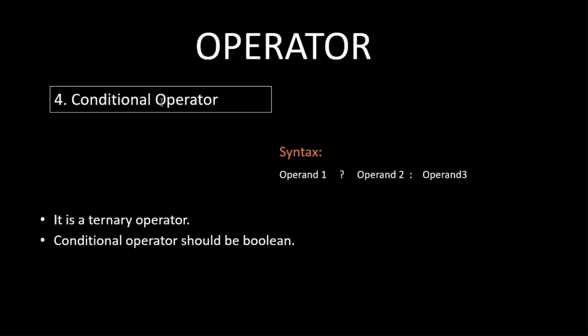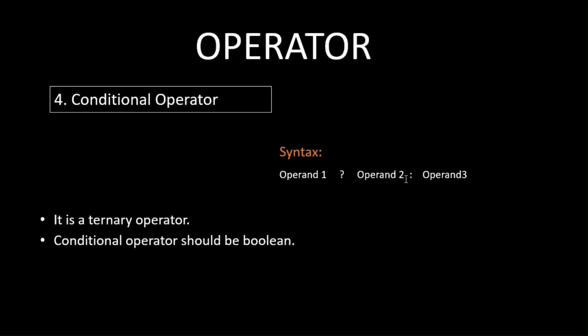So the next one is conditional operators. Conditional operators are used when we have conditions, like whenever you're working with an if-else condition, then you can use a conditional operator. Or you can use lambda expressions also.